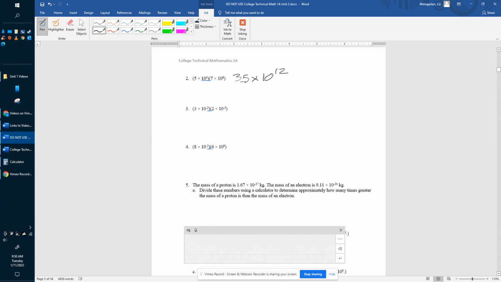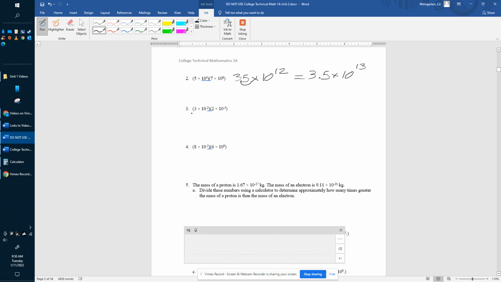This number is not strictly less than 10, so we're going to have to move our decimal point one more over. And remember, when we move the decimal point to the left, we will make the number in the exponents greater. So this final answer is going to be 3.5 times 10 to the 13th.